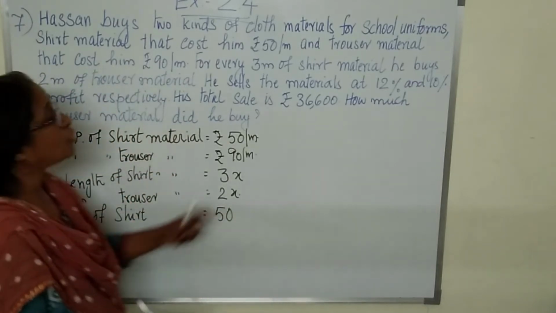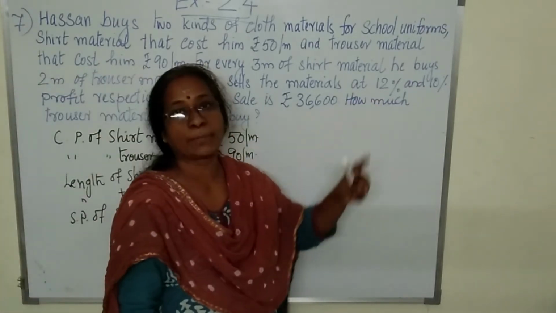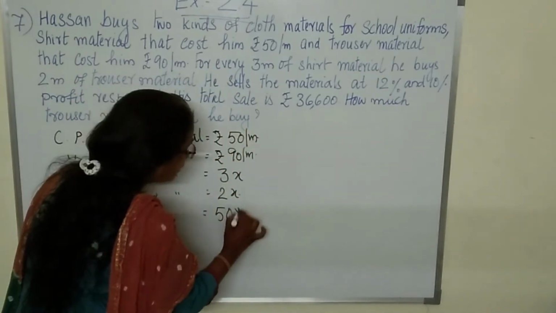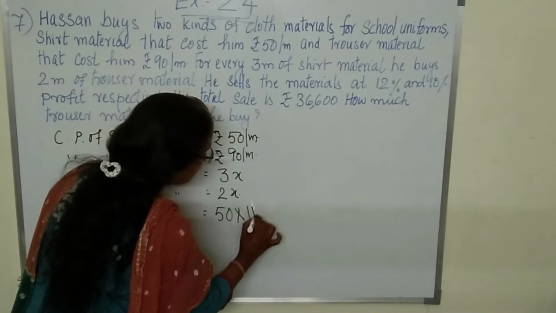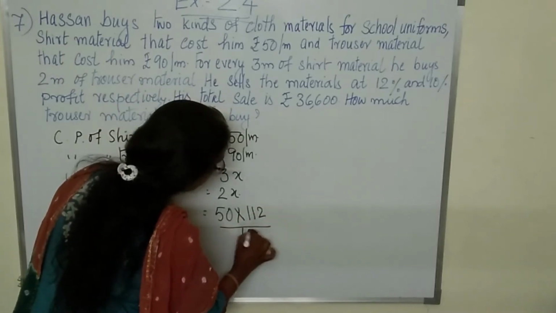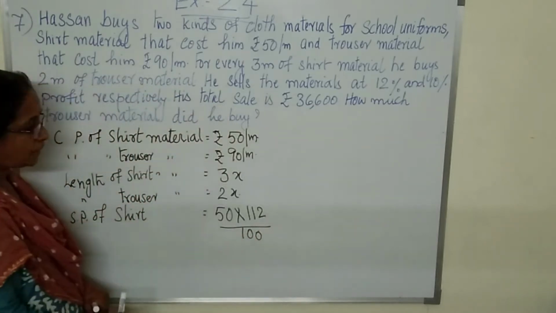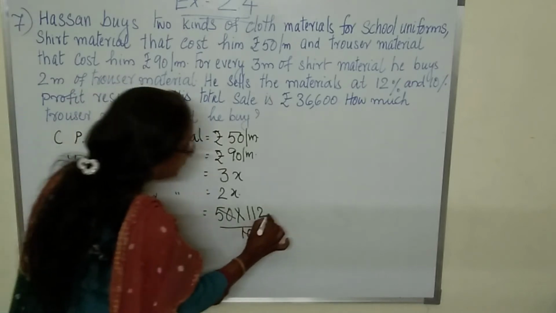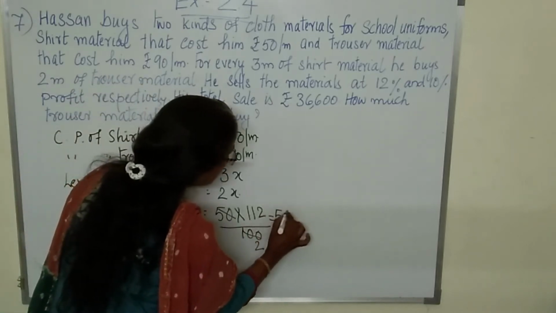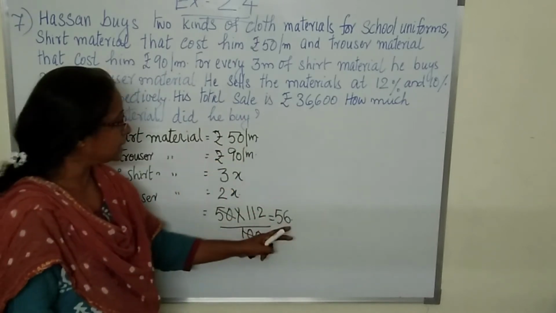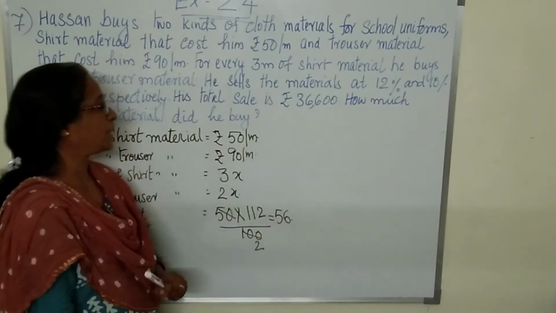Now it is sold at 12% profit, means 112 upon 100, so we get 56 rupees. He buys for 50 rupees and he sells for 56 rupees.